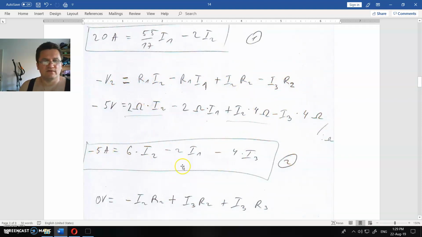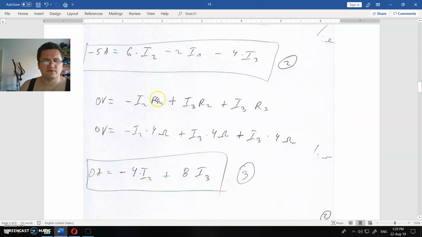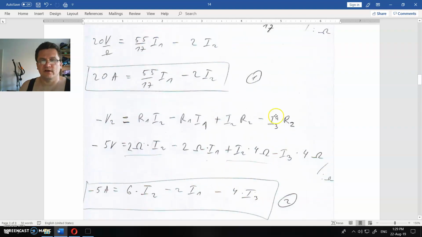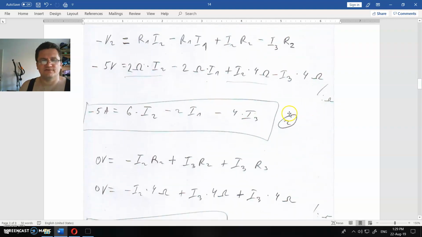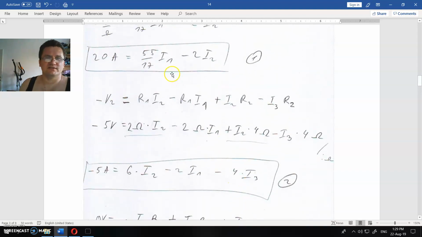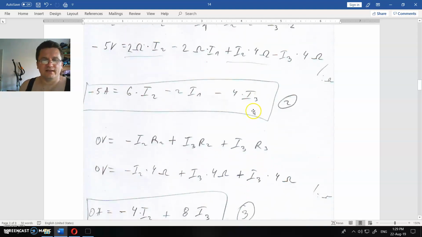And this is from the third contour. First equation from first contour, second from second, third from third. And we have three unknown quantities, E1, E2, and E3.